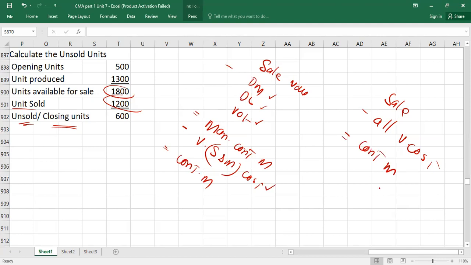Contribution margin is sales less all variable cost. But if I say I want you to calculate manufacturing contribution margin, then you deduct from sales only the production variable cost. That is manufacturing contribution margin. If you deduct all variable costs, including production and non-production, that is called contribution margin. I hope you're understanding what I'm doing, right?